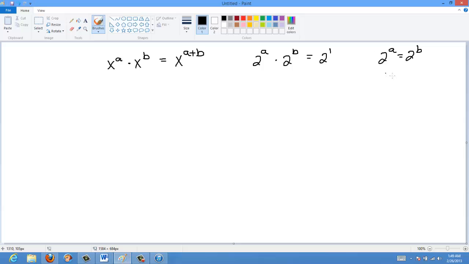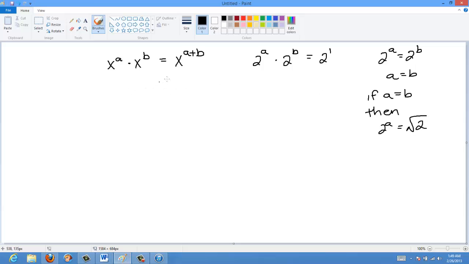And that way if a is equal to b, then you have 2 of the same thing multiplying to get 2, which means that it has to be the square root. Okay, so I'll write that here. If a is equal to b, then 2 to the a equals the square root of 2.